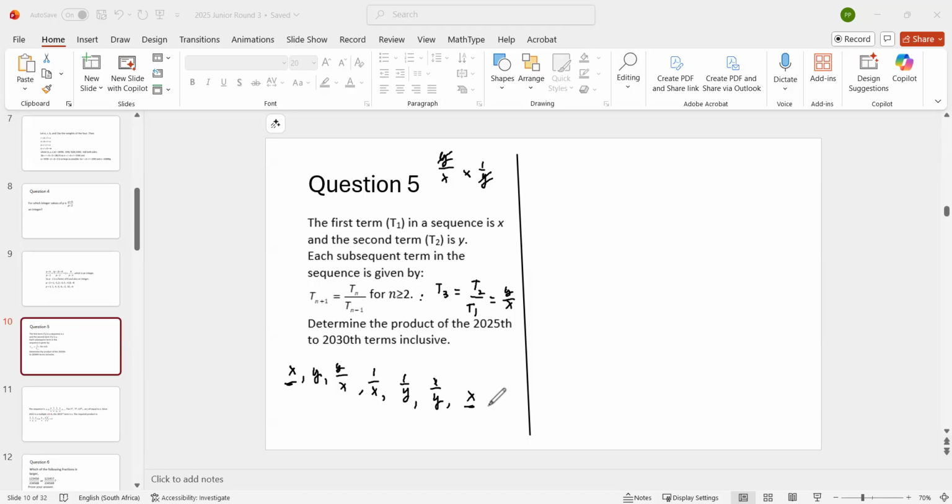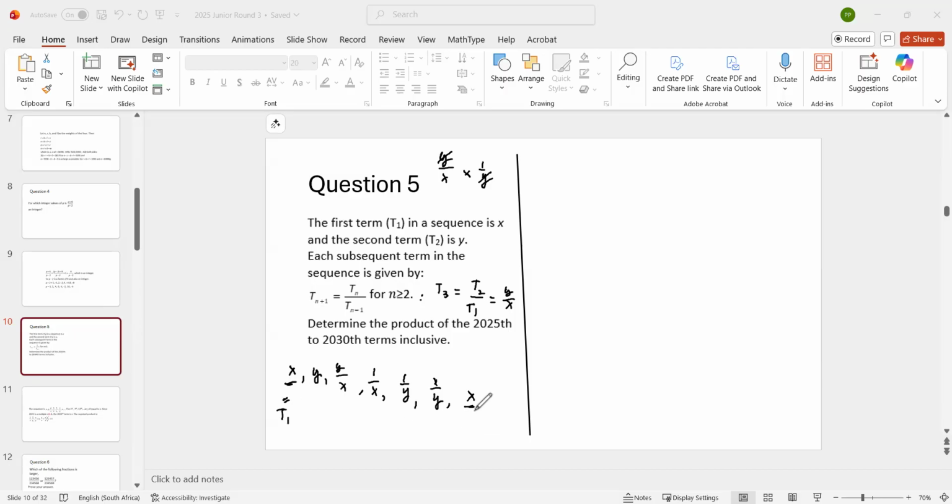So that means that all these numbers keep coming up. The next one will be y, the next one will be y over x, and so on. So you can write down the entire sequence, because it starts repeating itself. Okay. Now let me just see which ones repeat themselves. This is t1 equals x.